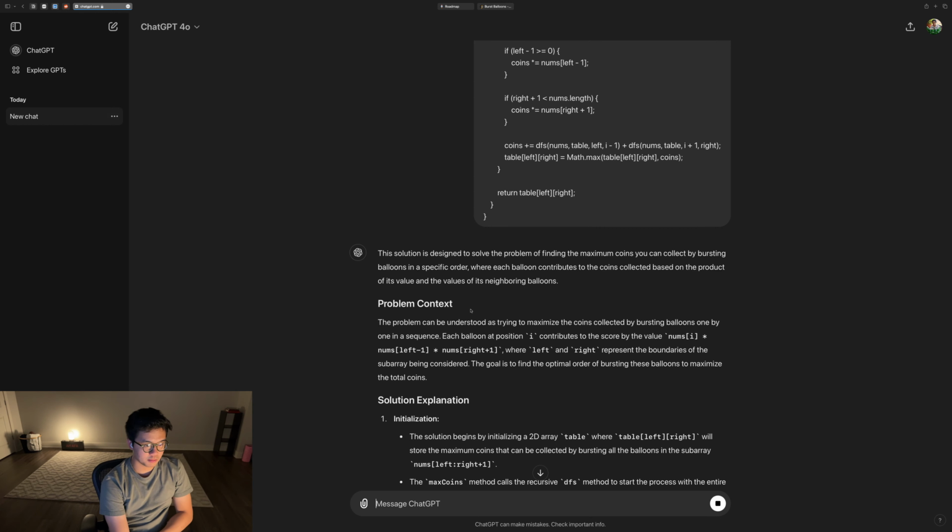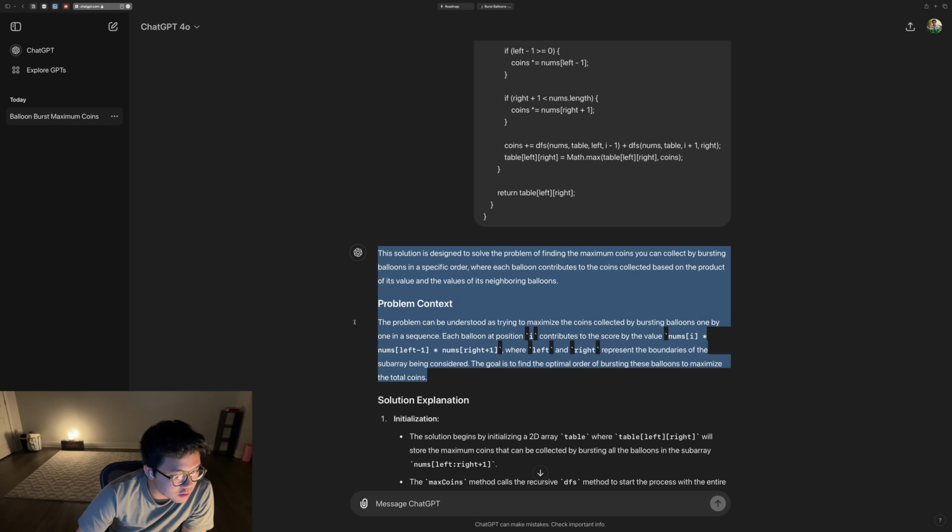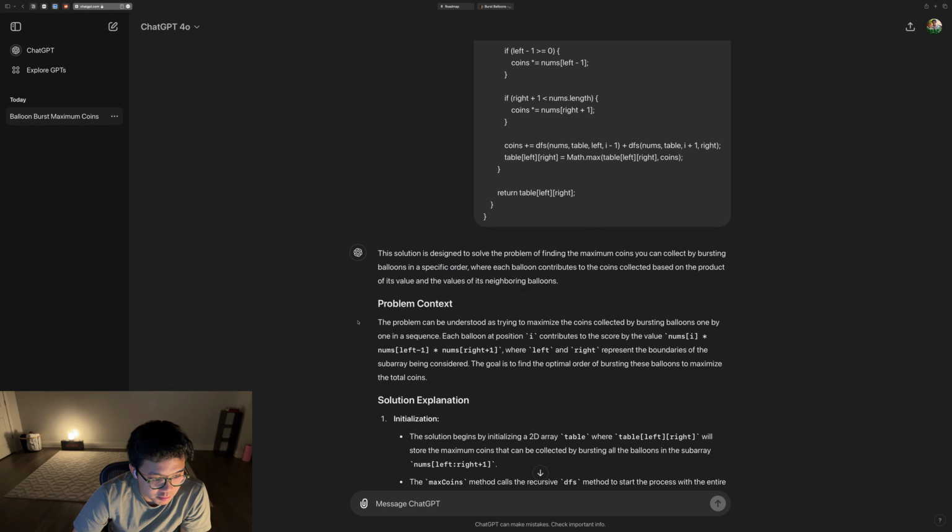Each balloon at position i contributes to the score by the value nums times i, where left and right represent the boundaries. The goal is to find the optimal order of bursting these balloons.